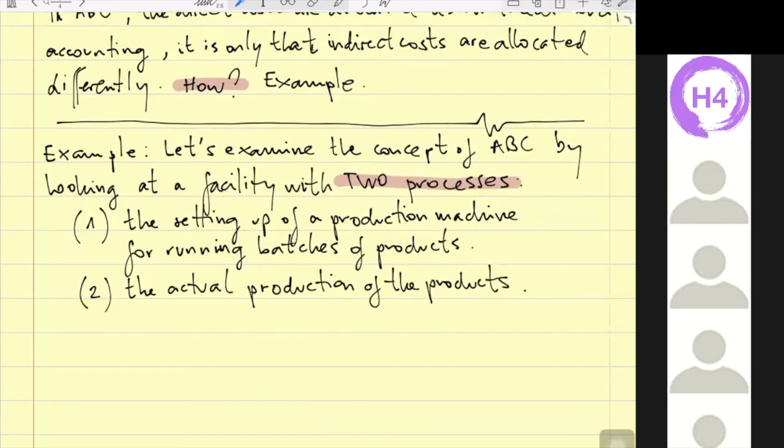So we have two processes that we know and we want to analyze with ABC.